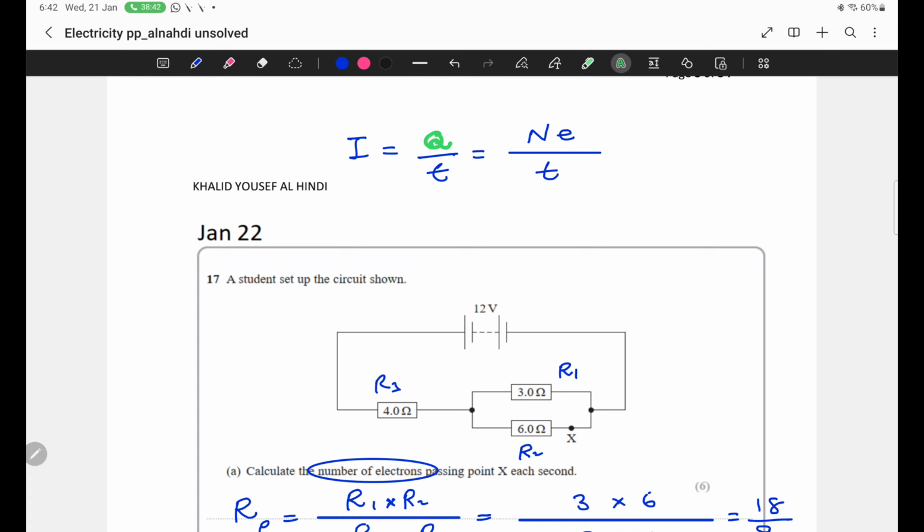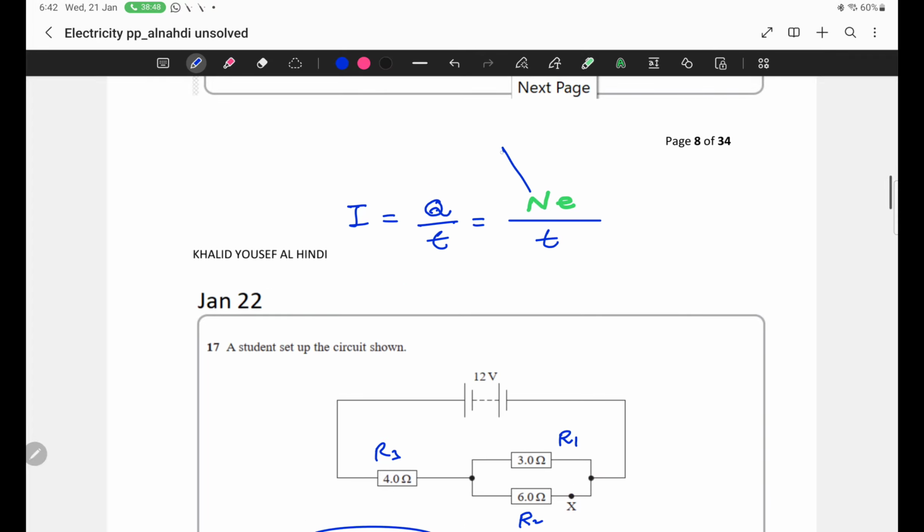Q is charge and charge is equal to Ne, and in this Ne, N means number of electrons. I have taught you this formula last week. Number of electrons is capital N and e is a constant, the elementary charge, 1.6 times 10 to the power minus 19 coulomb.